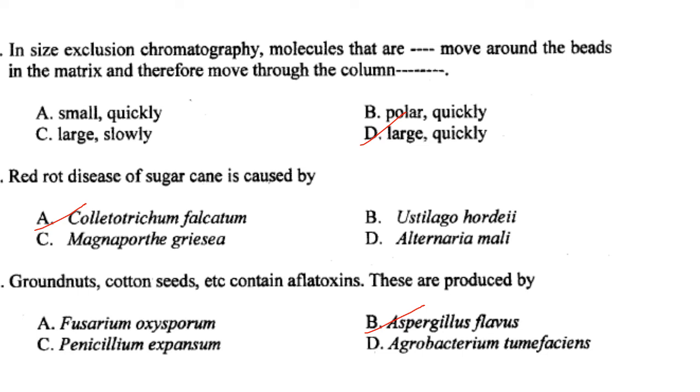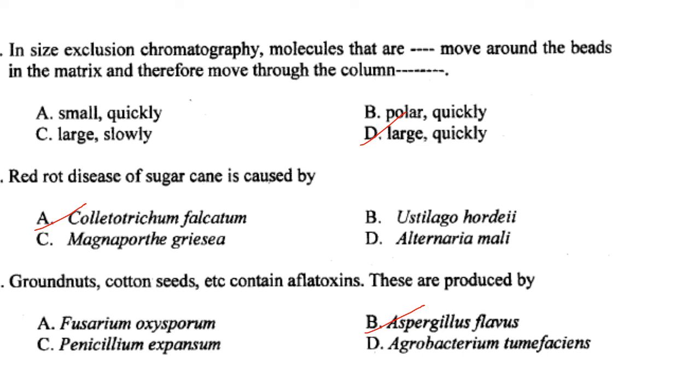So in size exclusion chromatography, the molecules are separated based on their size. The molecules that are larger in size move around the beads in the matrix, that is the chromatographic matrix, and therefore move through the column at a faster rate, or quickly. So the answer is option D.